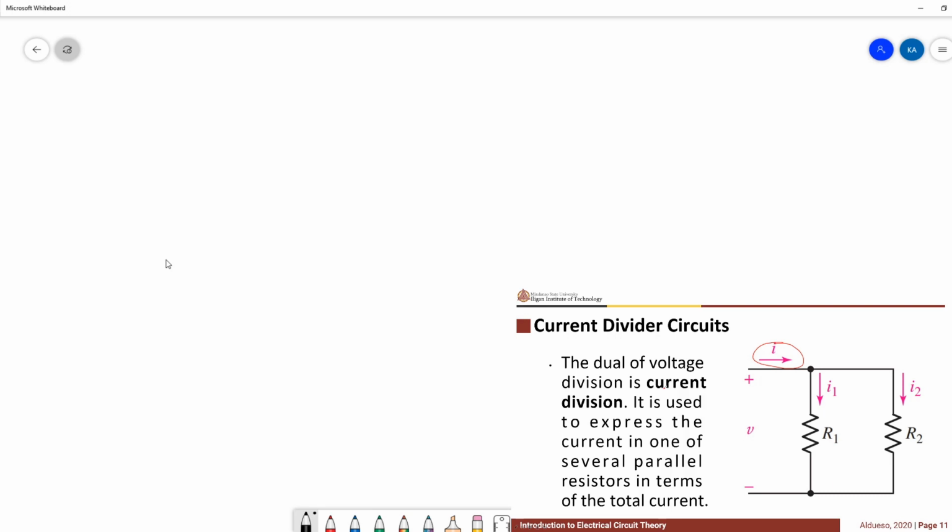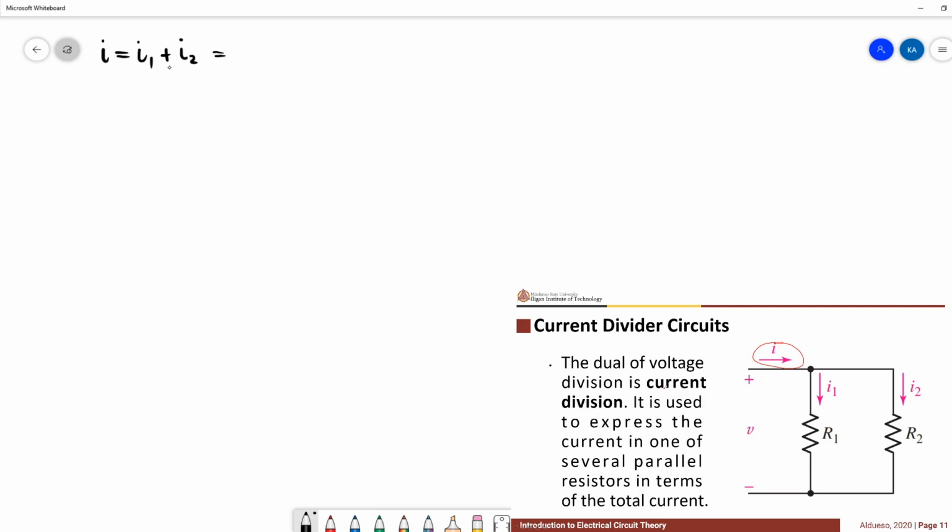So for current divider circuits, we apply KCL to the top node. We have I equivalent to I1 plus I2.